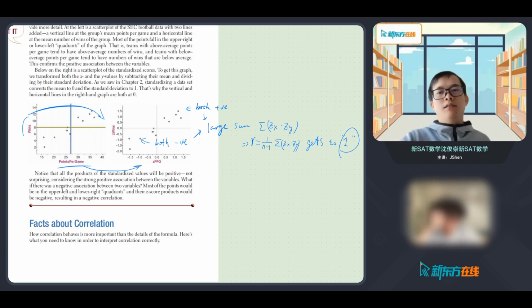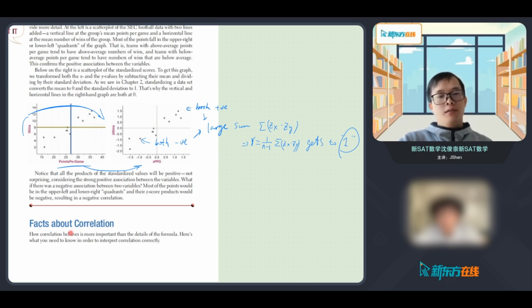N is the number of data points, so that does not affect the trend, whether it's large or small. The only thing you need to care about is whether you have a large sum or not. In this case, the sum is pretty large.